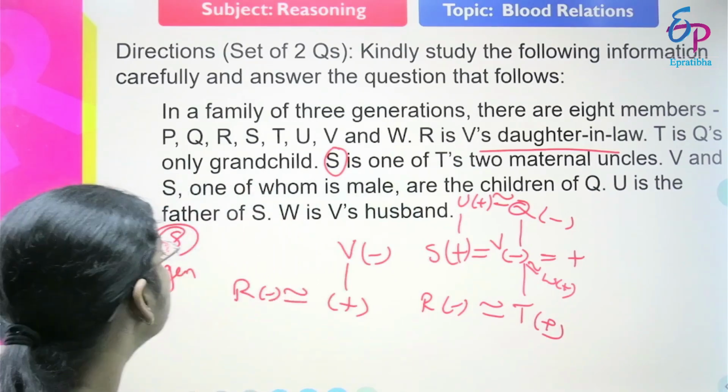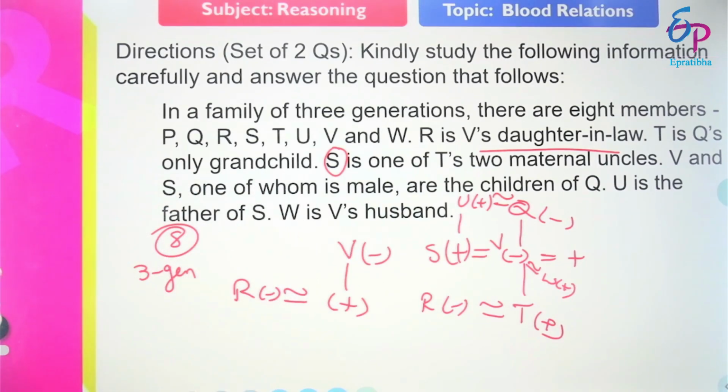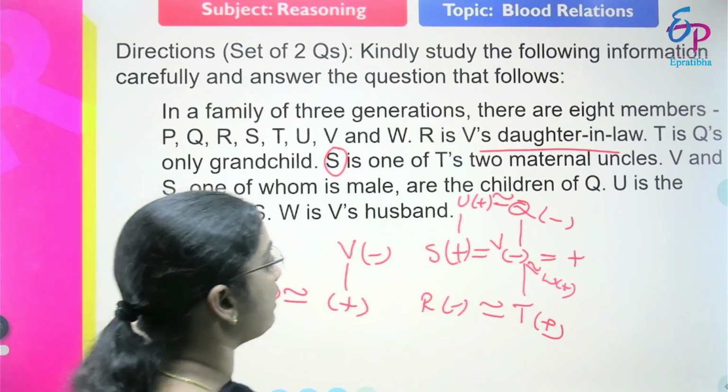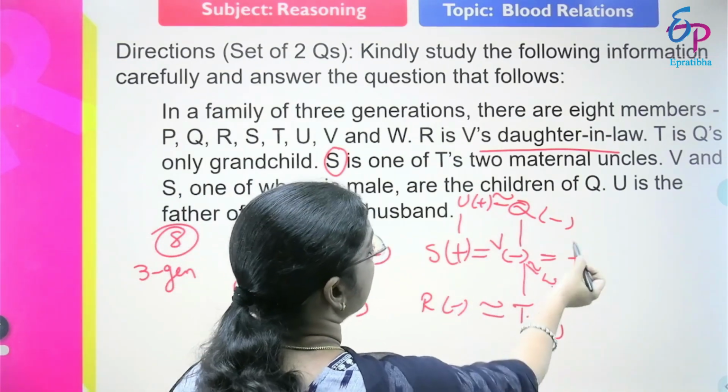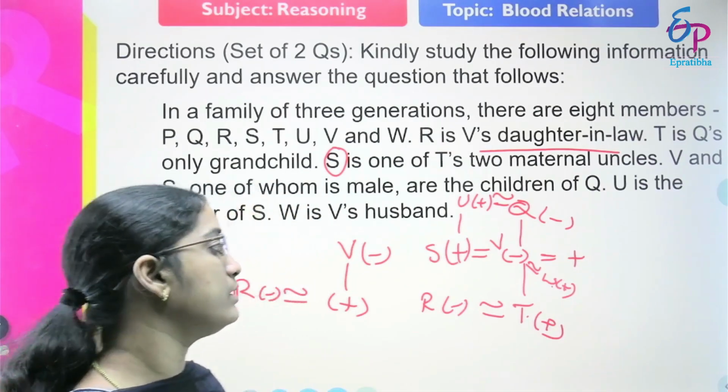Just observe how many persons we are getting in our diagram. 1 2 3 4 5 6 7, and this plus person is also one person, a male.